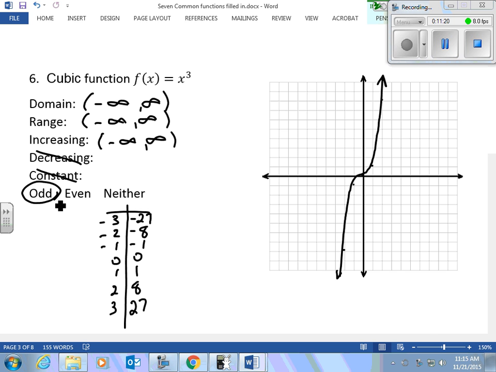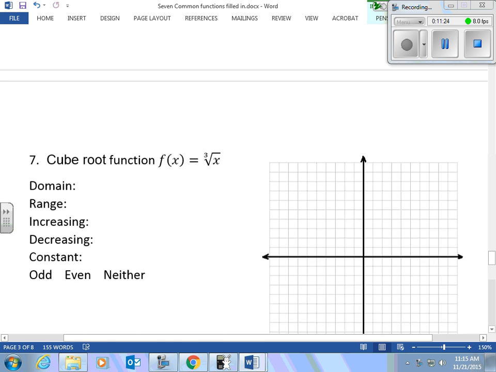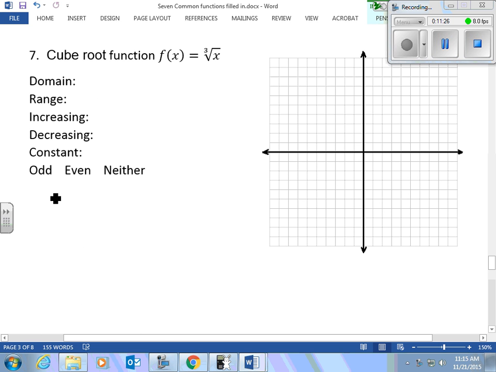And our final function is the cube root function. And again, for this one, I'm going to mastermind the x coordinates so that our y's turn out nice. So if I go from negative 8, negative 1, 0, 1, and 8 for my x values, and then take the cube root of those, I end up with negative 2, negative 1, 0, 1, and 2.